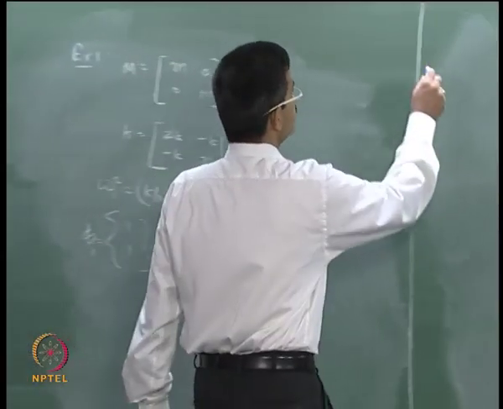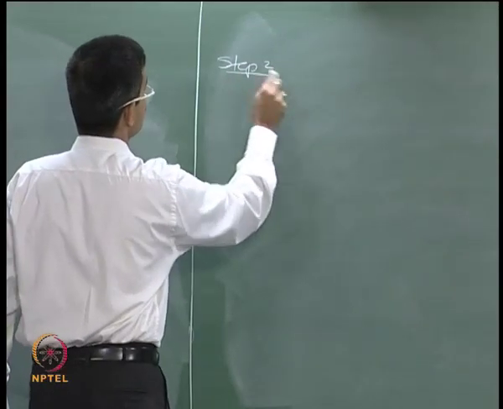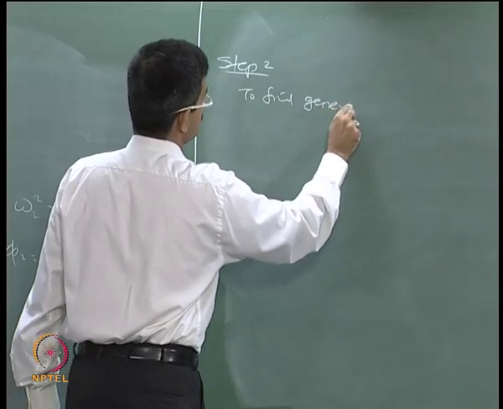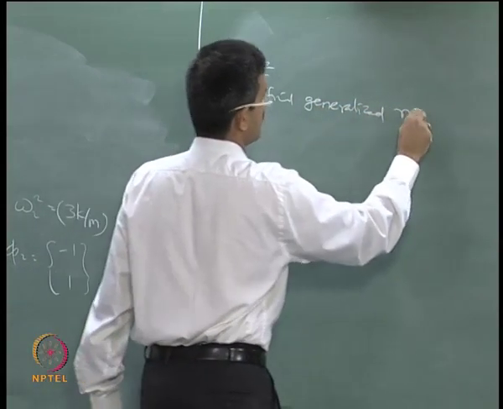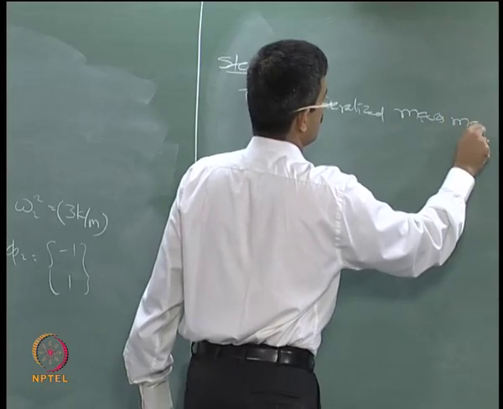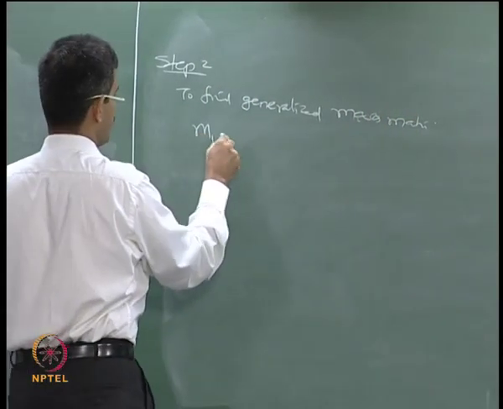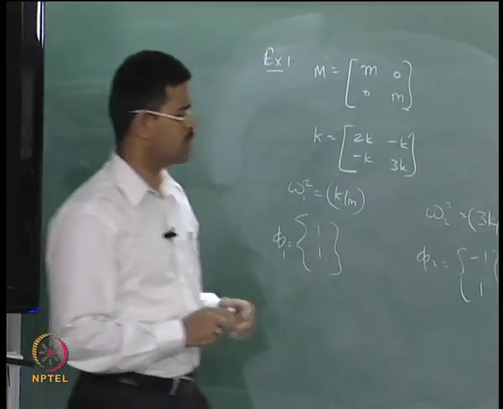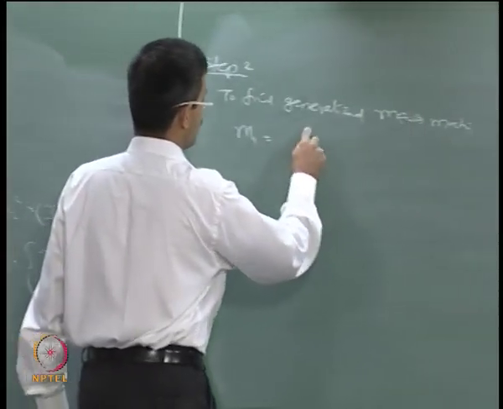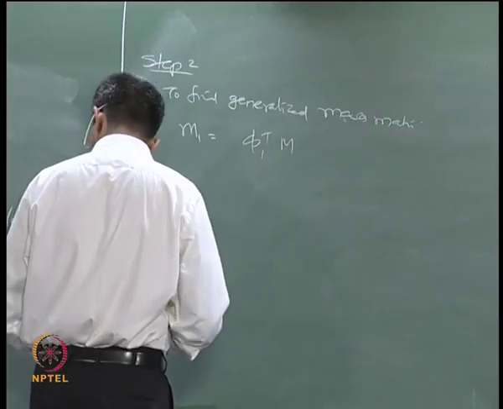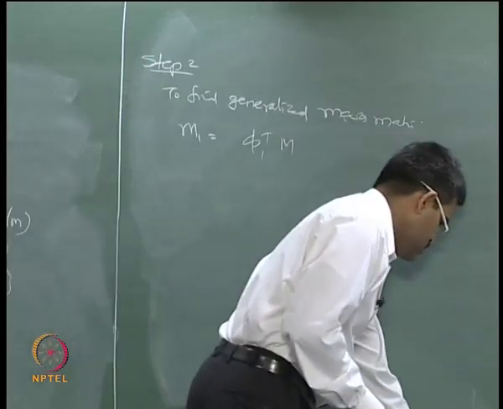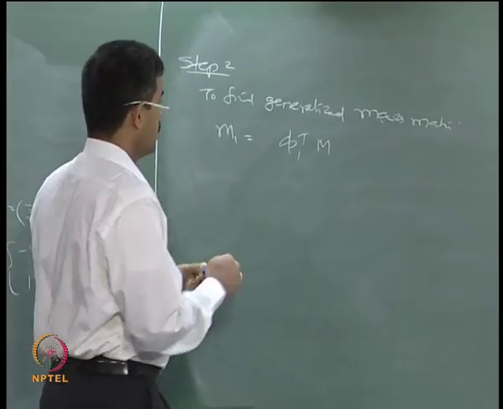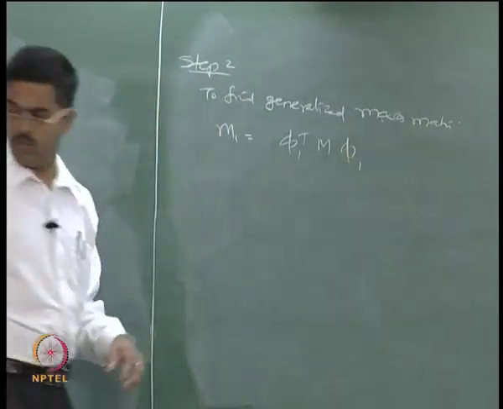So let us say, to find the generalized mass matrix, let us say M1 with respect to the first degree. So, I should say phi 1 transpose M phi 1.